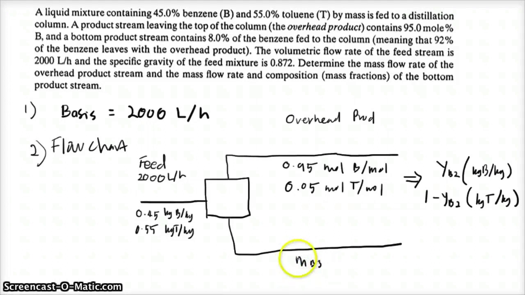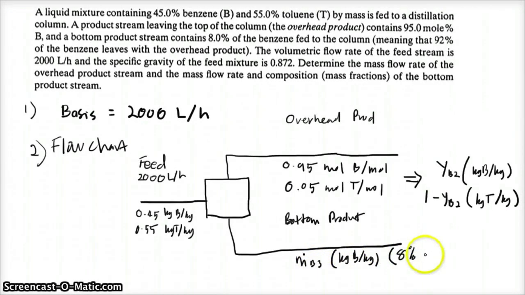MB3. Since this is a mass flow rate, there's a dot here representing mass flow rate. So the mass flow rate is kg of B per kg of bottom product. And for benzene, it says that 8% of B in feed.